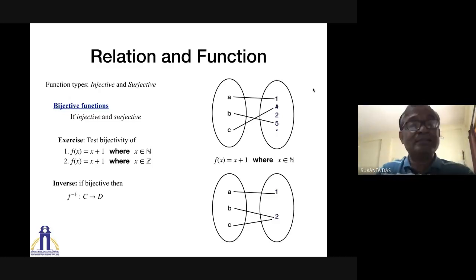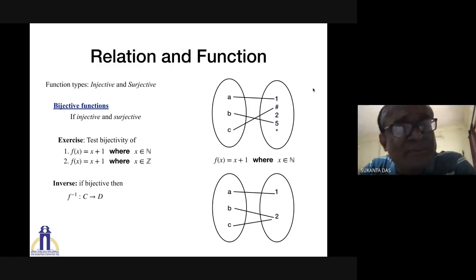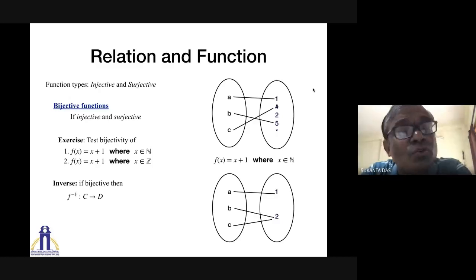C to D is the reverse way. So if y equal to f(x), then f inverse of y will be equal to x. This is the definition. So f is a bijective function.